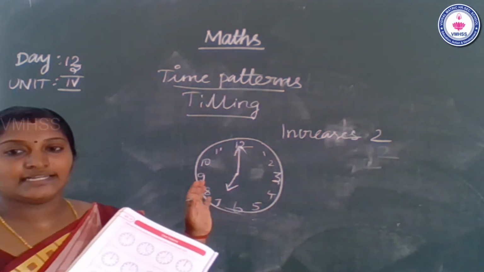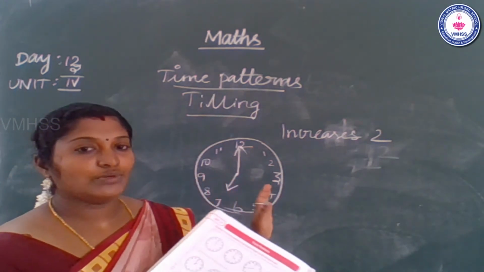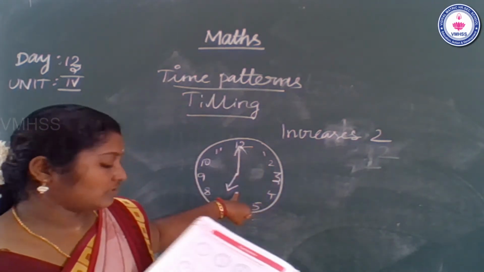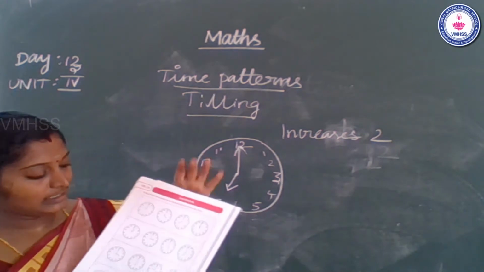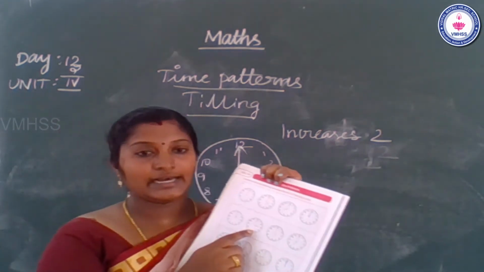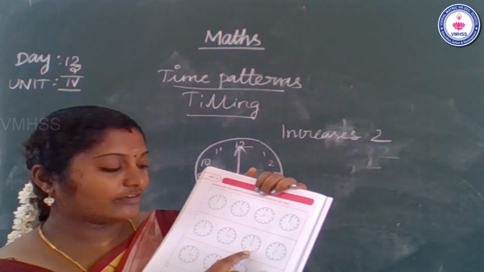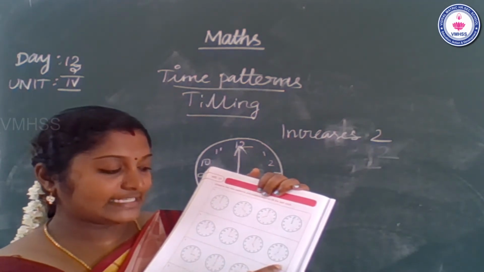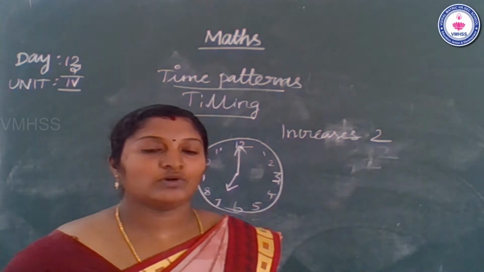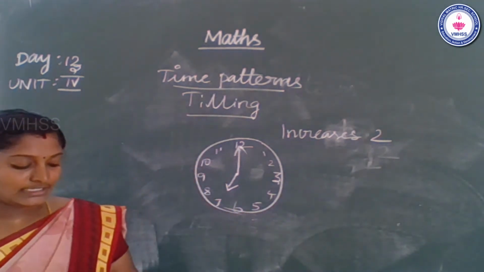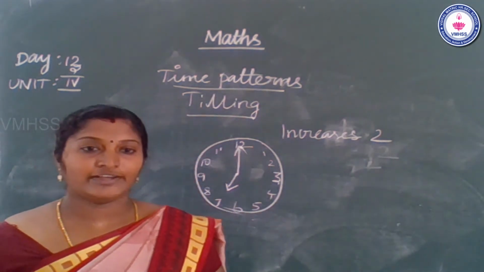Okay, you understand? So increase by 2. The first picture shows 1 o'clock, the second 3 o'clock, then 5 o'clock, and in the next picture we draw 7 o'clock. So C and D are homework for you.